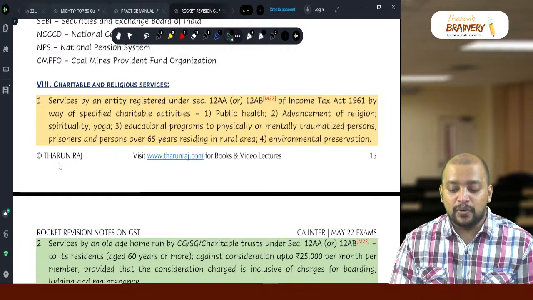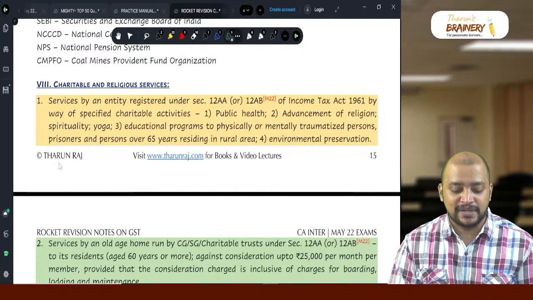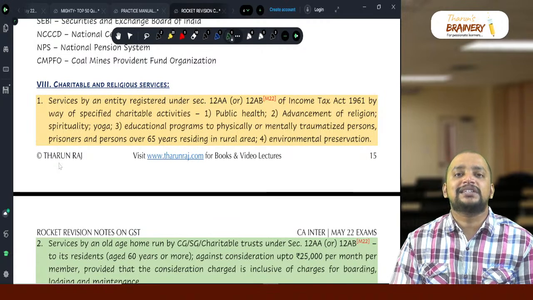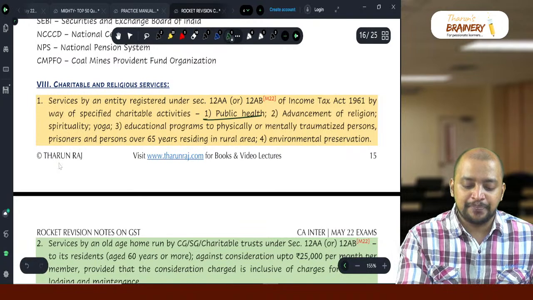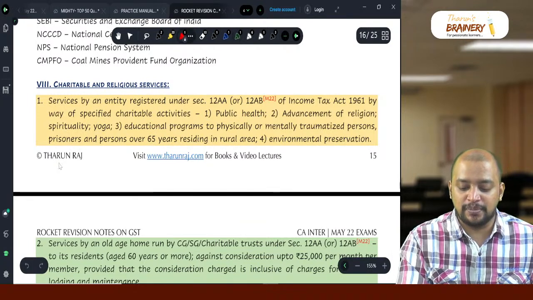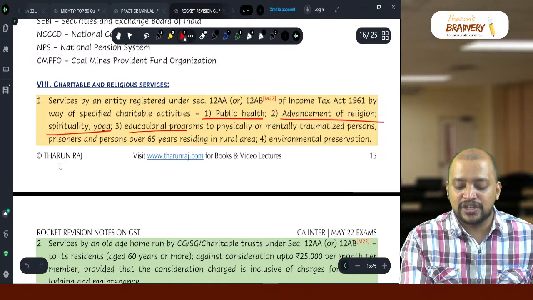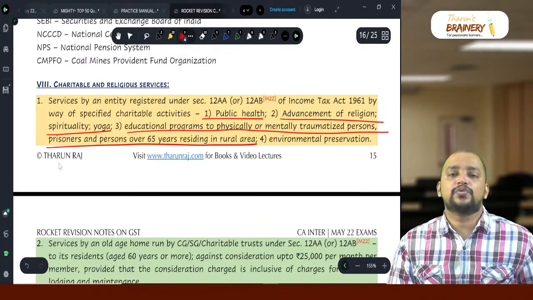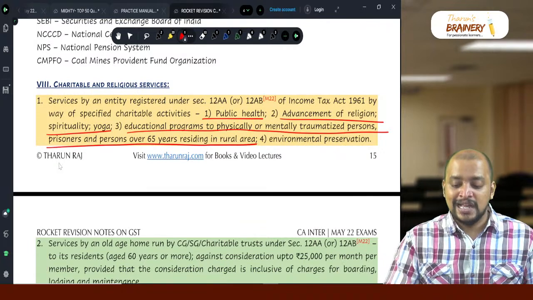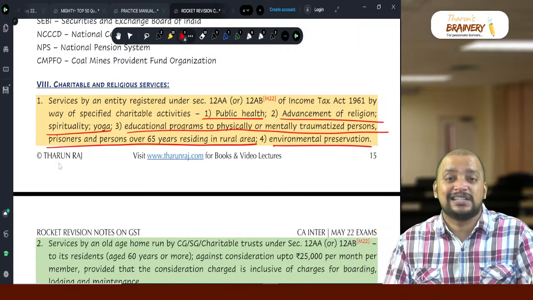First, public health, then advancement of religion, spirituality, yoga, then educational programs to physically or mentally traumatized persons, prisoners, or persons over 65 years residing in rural areas, then environmental preservation. So these are the four activities which are treated as charitable activities.